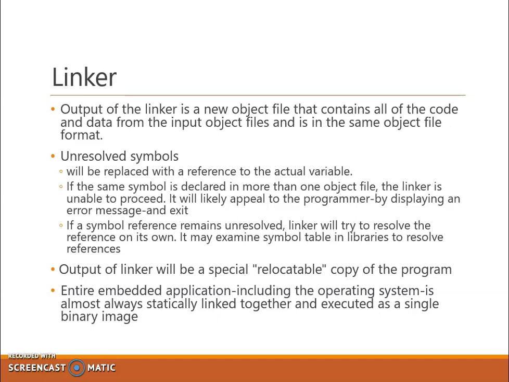It may examine the symbol table in libraries to resolve the references. Our entire embedded system application, including the operating system, is almost always statically linked together and executed as a single binary image. So your object file is a combination of operating system code and your actual program code. So this is the linker.